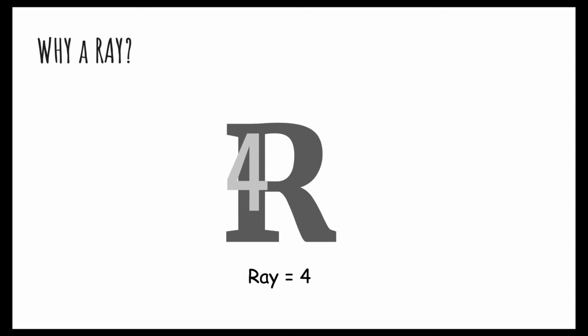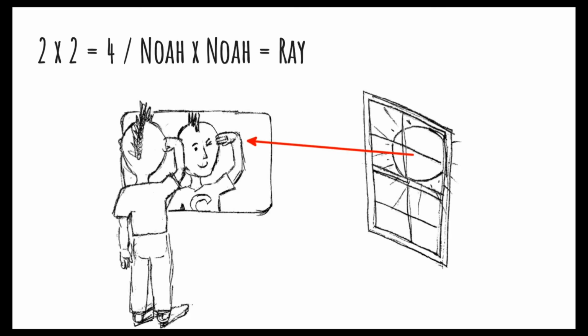In the major system, the number 4 is represented by the letter R because the number 4 ends with the letter R. And I took R, I added a couple of vowels to make the word ray, and thus number 4 equals ray. So going back to our story, Noah times Noah equals ray. 2 times 2 equals 4.